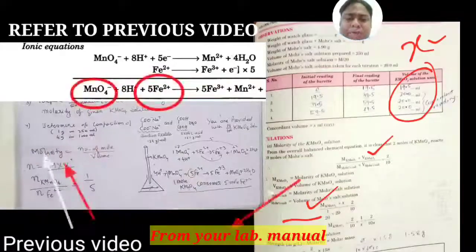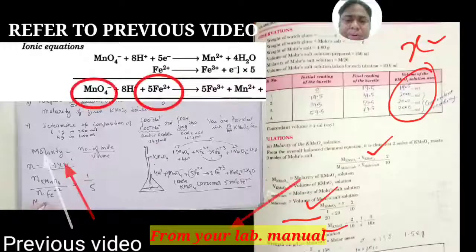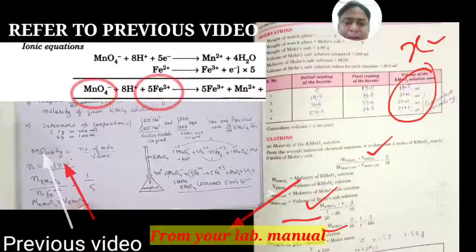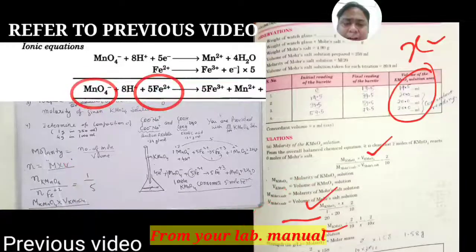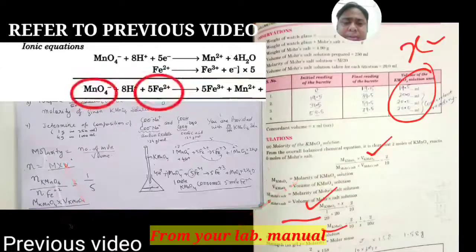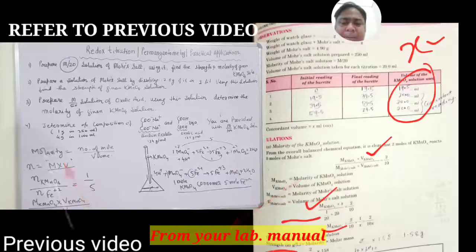So with this we can find out the molarity of KMnO4. If I put 20 in place of X, I am getting the molarity to be 1 by 100. How can we convert molarity into strength, that means gram per liter?